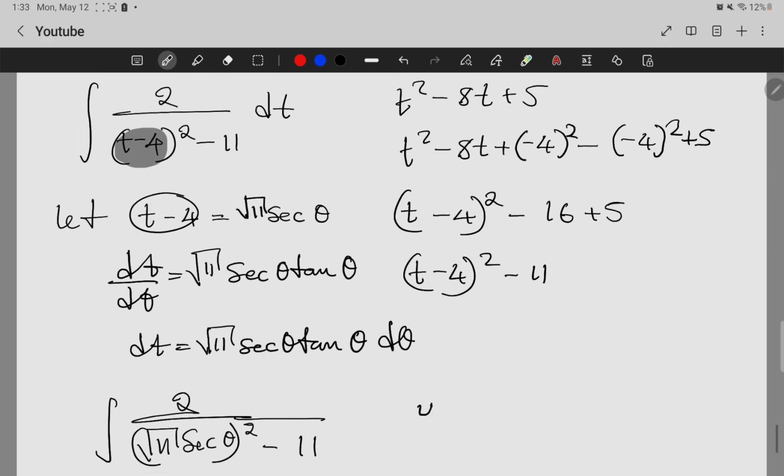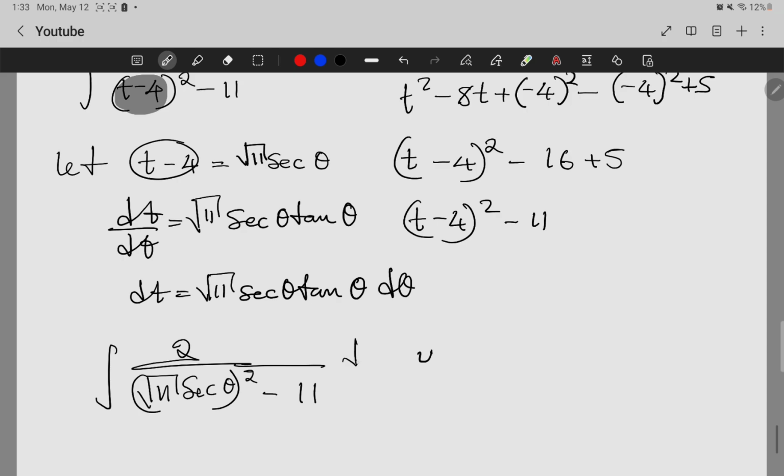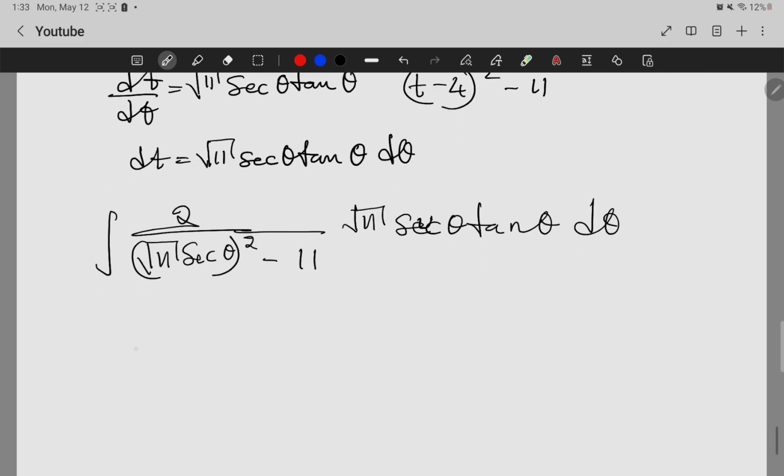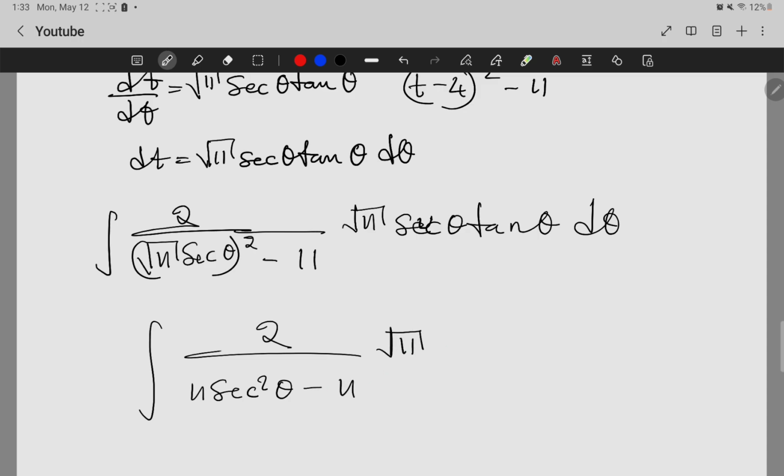And then next we have dt, where we have dt, we're putting root 11. Then we have sec theta tan theta d theta. So from here, when we square, we have 2 over 11 sec squared theta minus 11. Then here we still have root 11 sec theta tan theta d theta.